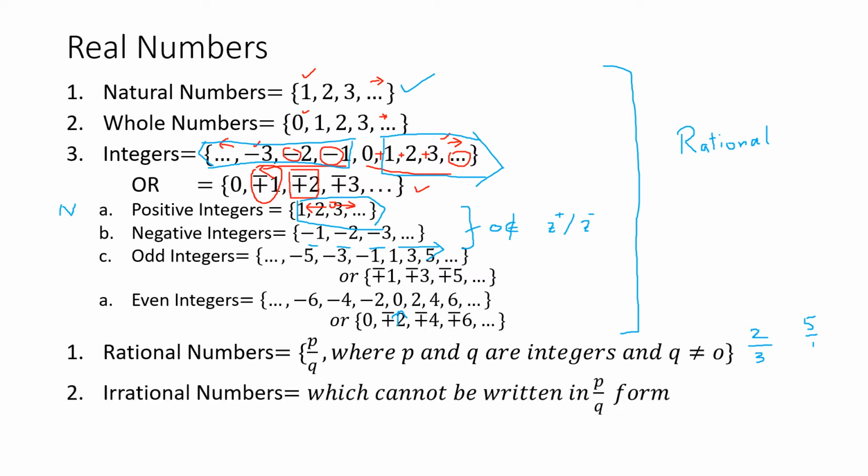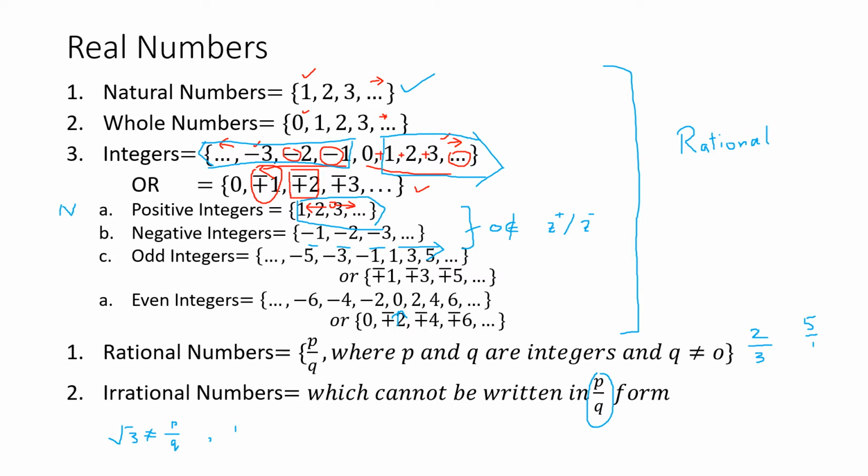Irrational numbers are those numbers which cannot be written as a common fraction. For example, square root of 3. We can never write this as a fraction.